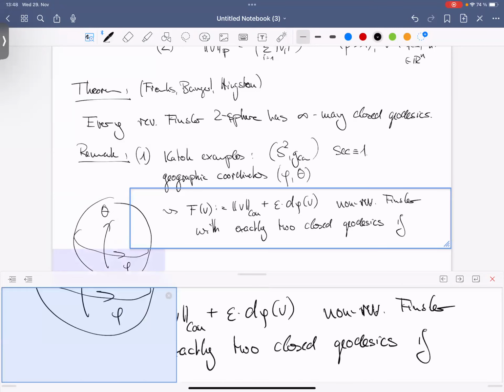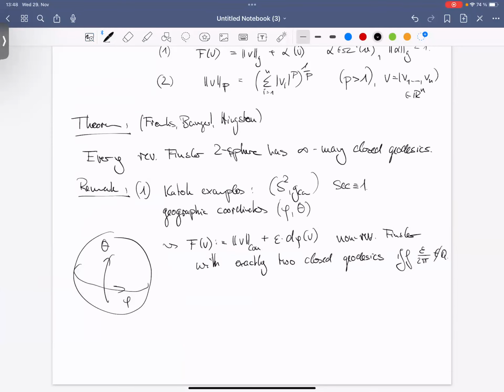If, actually it's an if and only if, epsilon over 2 pi is not a rational number. So epsilon and 2 pi are rationally independent. This is, as Werner Ballmann explained in his paper, The Geometry of the Katok Example, an incarnation of a Reeb flow on a certain ellipsoid in 3 dimensions.